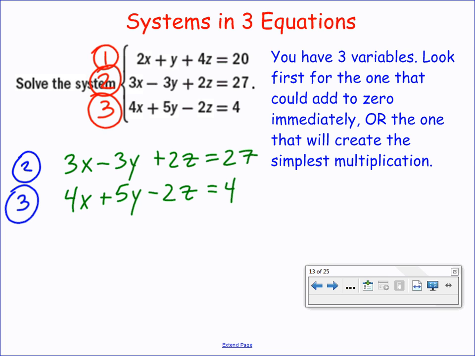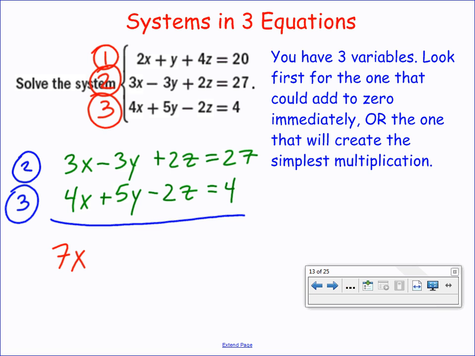Because I have exact opposites in one of the variables, I can now add them together and eliminate that variable. So let's add equation 2 plus equation 3. I get a new equation. 3x plus 4x is 7x.